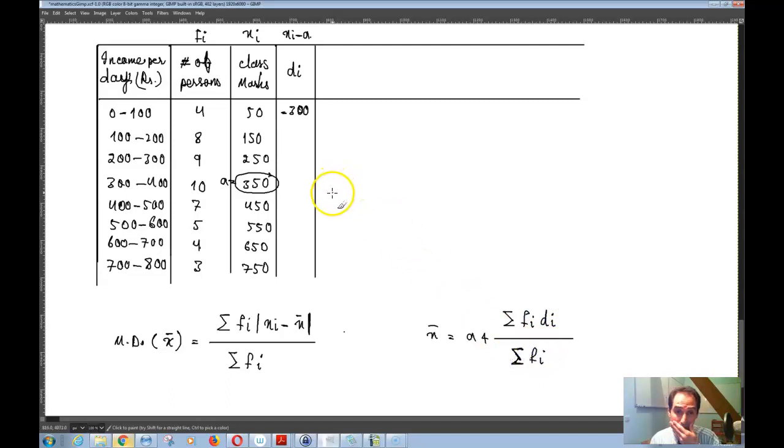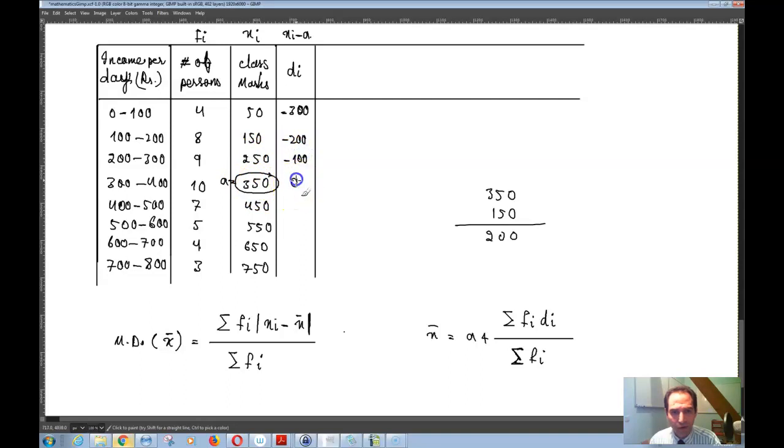So 50 minus 350 is negative 300. 150 minus 350 is negative 200. 250 minus 350 is negative 100.